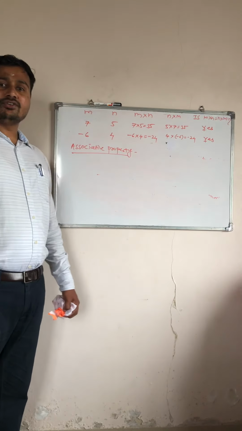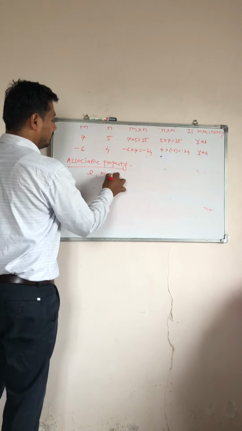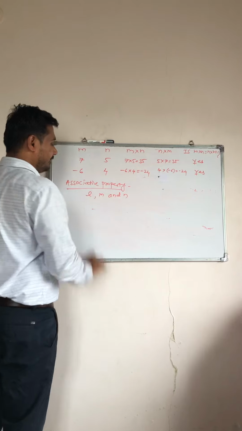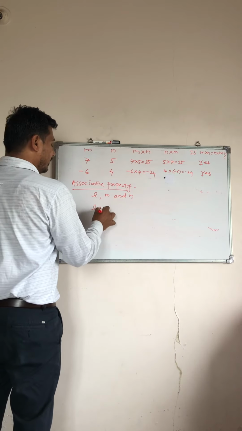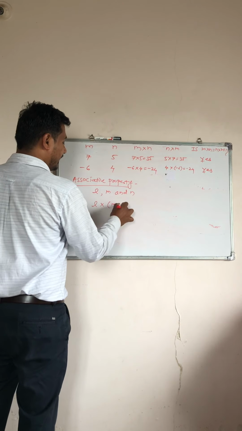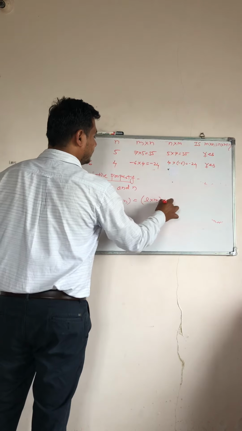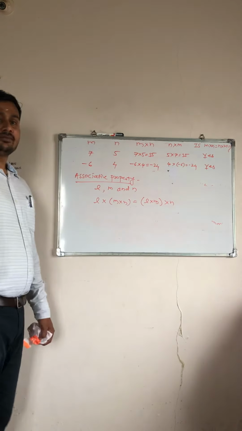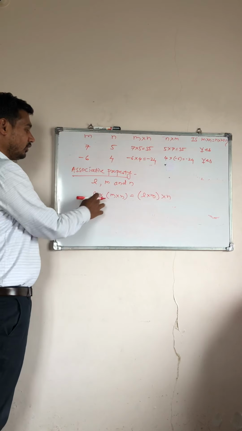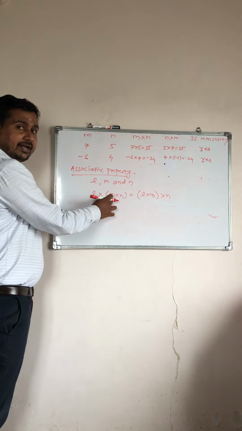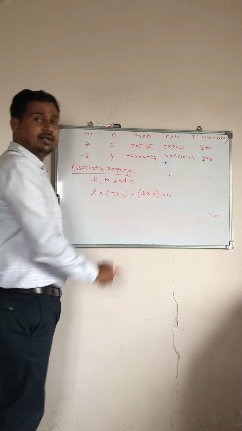According to this property, you consider three integers L, M and N. L multiplied by (M cross N) is equal to (L cross M) multiplied by N. This is called the associative property: L multiplied by the bracket M cross N is equal to the bracket L cross M multiplied by N.